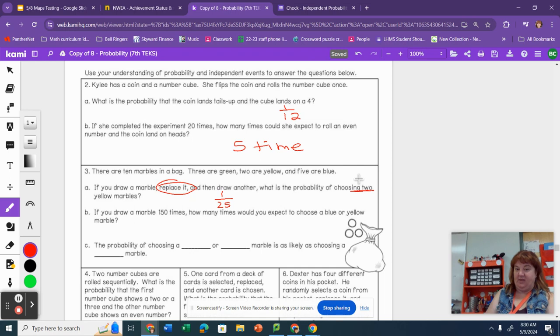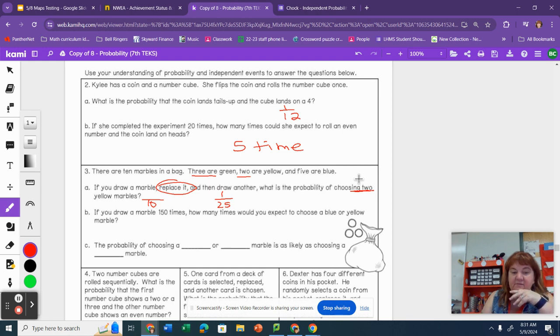Okay. So you're multiplying. So 3, 4, 5, 10, right? So you have 10. And then if you draw, replace, and then 2 are yellow, right? 2. Why would we still get 25? Did I add these wrong? And draw another.